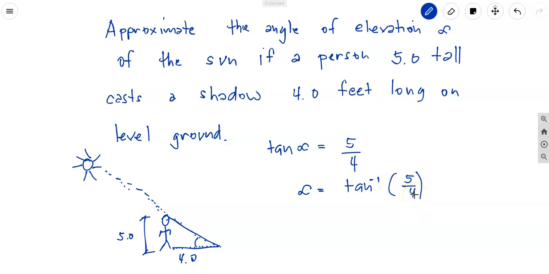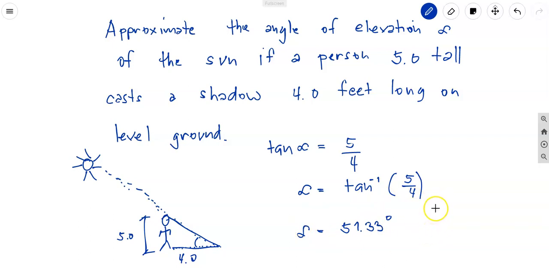And then you can get your answer. Therefore, the angle of elevation is equal to 51.33 degrees. So that is how you will solve for the angle of elevation.